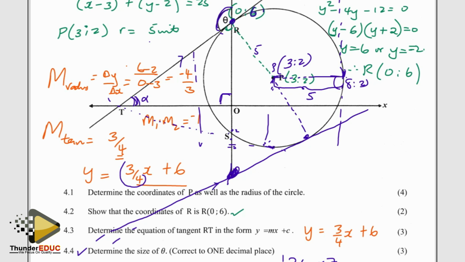If I call this x and y, I'll have x plus 0 over 2 must give us that, which means x must be 6 here. And then y plus 6 divided by 2 must give us a 2.